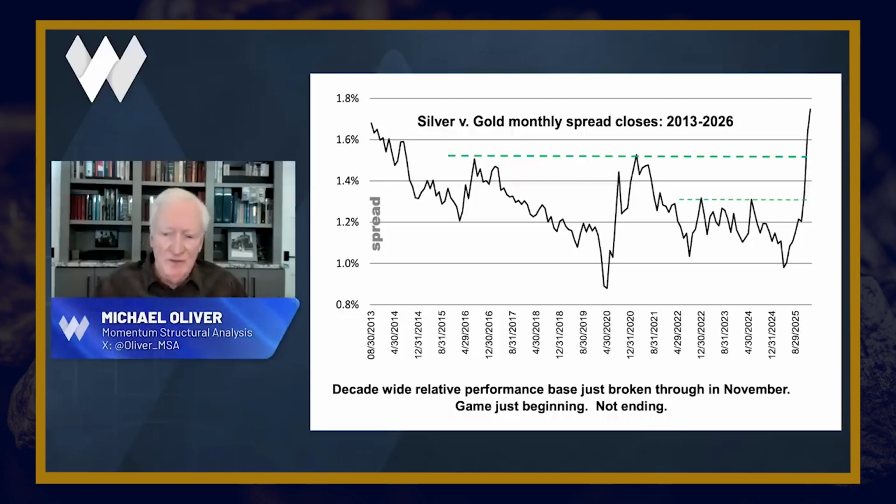We closed above it in November. And it was at that point we said, okay, the lid is really coming off now, because whenever silver does this versus gold, which it did in 79 prior to the explosion in 1980, and in late 2010 prior to its explosion again to 50, that spread broke out. And when that broke out, it told you the temper and tone is changing.